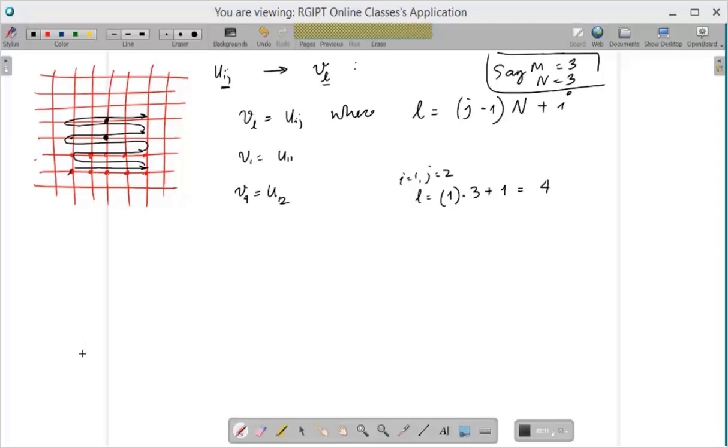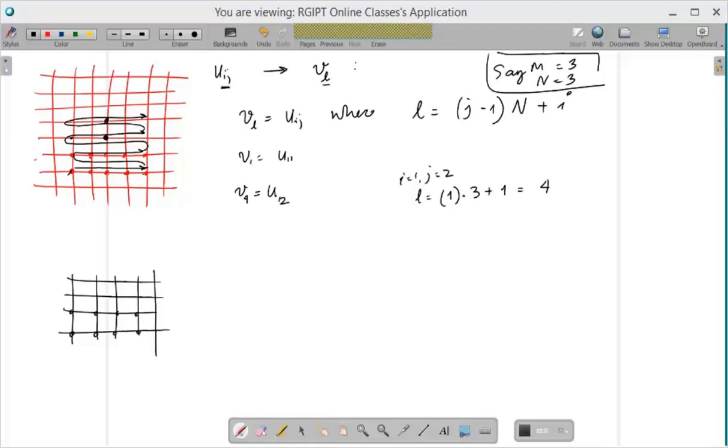You can check this. If I have 3 by 3, let me think of a 3 by 3 matrix. Let's have the boundary points also.